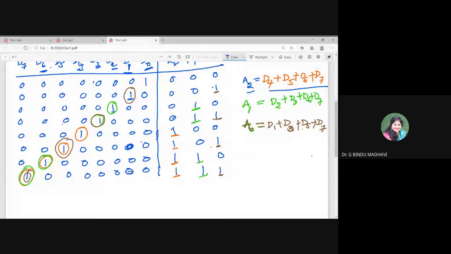Am I audible now? Yes, ma'am. Okay. So for A2, how will you get A2? Which gate will be used? A2 is the output variable and inputs are D0 to D7. Which operation do we have in between the input variables?